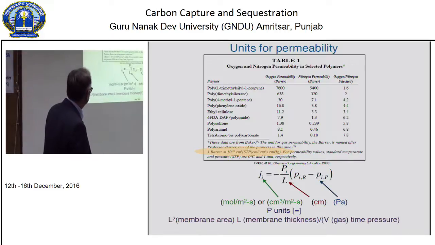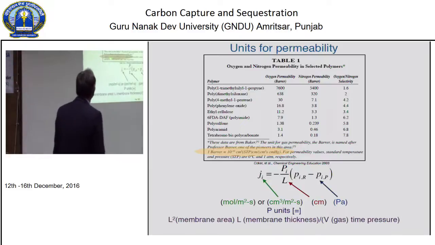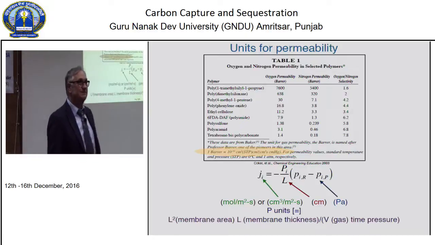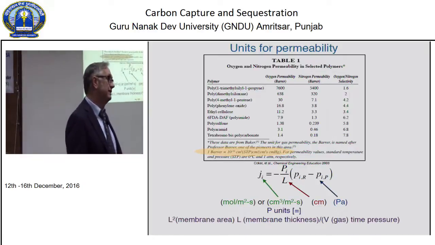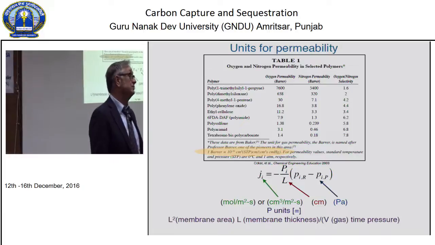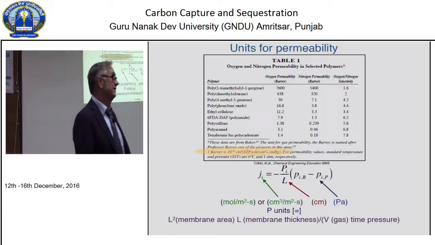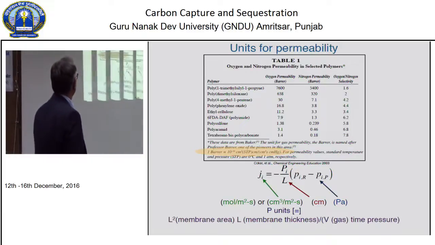It's usually in units of force per unit area, length in centimeter, the driving force in pascals. And if you put all these things together, you wind up with something that's different than the barrer, which is 10 to the minus 10 square centimeter STP, and so forth and so on. You can look at it in the notes. I just want to say that it's really opaque, and that students and professors who are doing membrane science often get tripped up over the units.